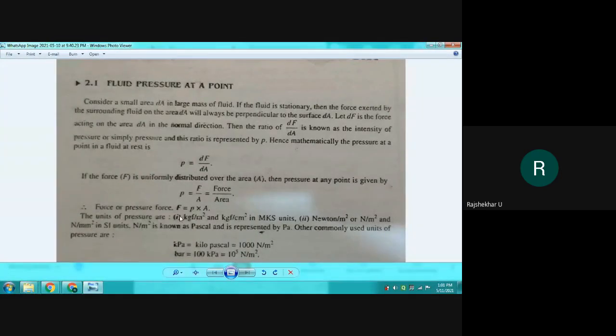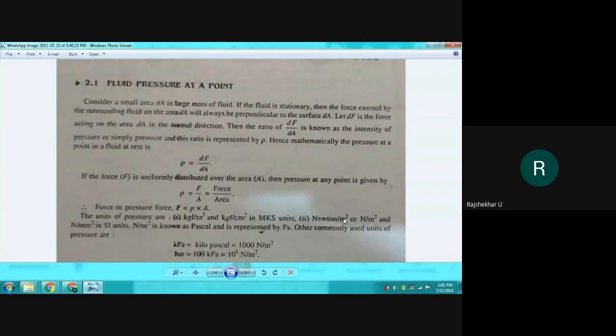Now these are the units. Already you know those things, but we'll go through them once. The units of pressure are kgf per meter square. This is one of the systems of units, which is MKS units. This is also kgf per centimeter square. Then in SI unit, it is Newton per meter square.